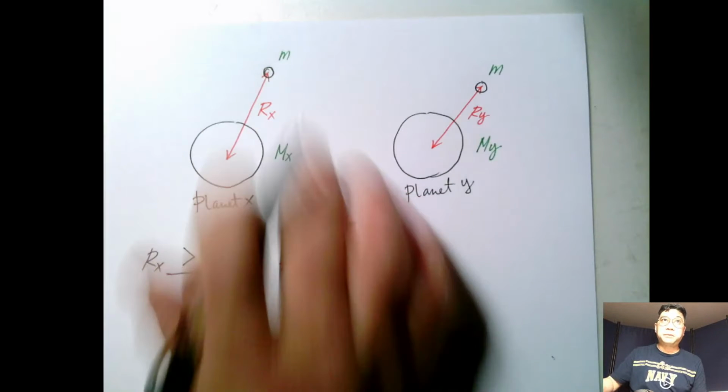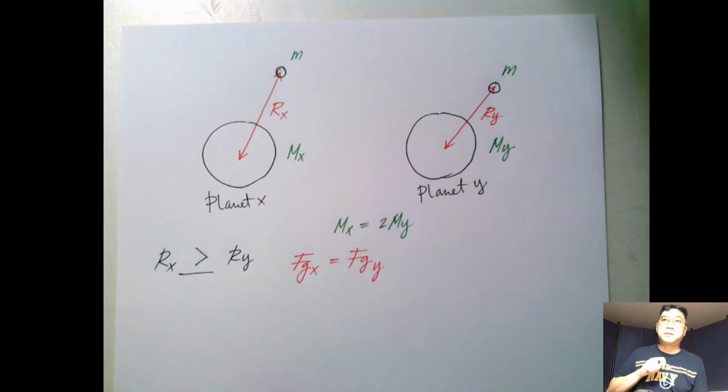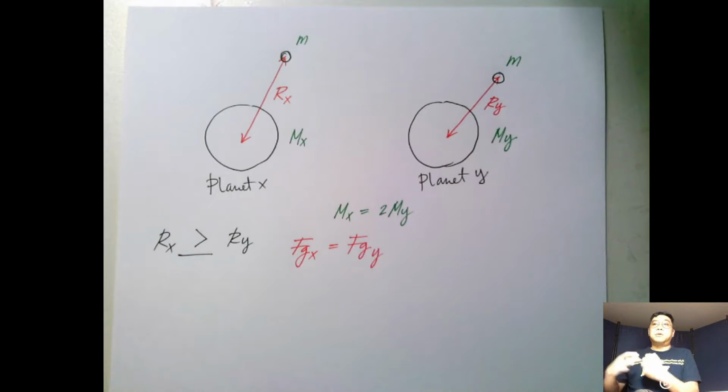We should make it greater because the mass is greater, so we need to increase the distance in order to make sure that the force of gravity is correctly adjusted.